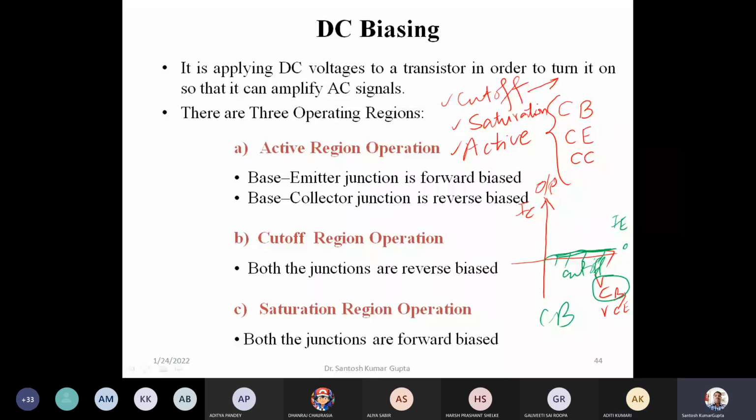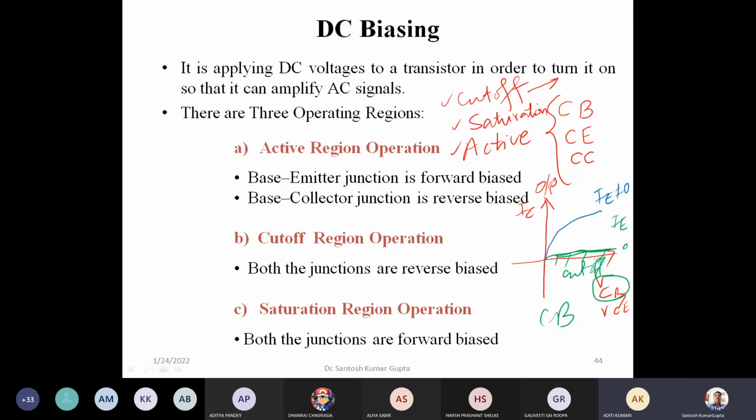Any value above 0 for IE gives a different curve, like here. So this is say IE, which is non-zero, a different value.